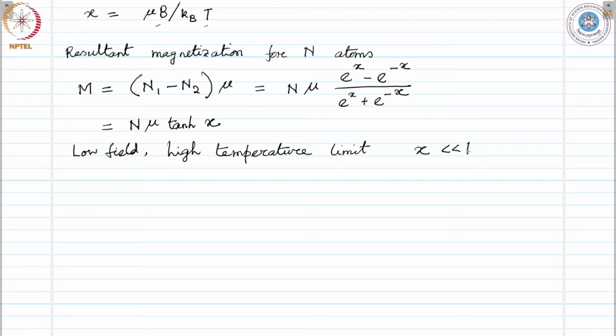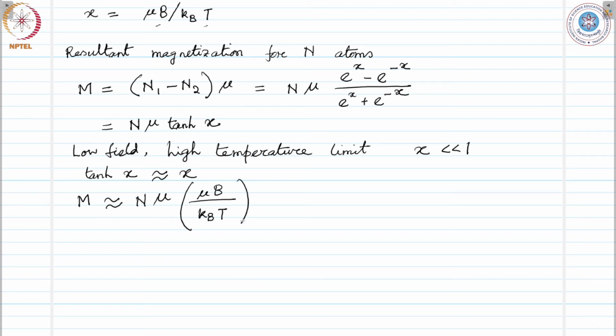In this limit, we have tanh x nearly equals x. Then the magnetization would be N mu times mu B over kB T.